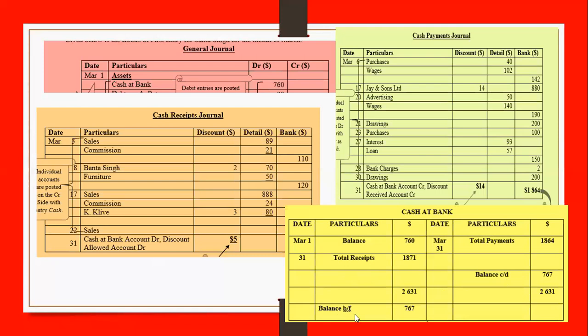The side with the greater total, balance brought forward. The side with the lesser total, balance carried down. Now, how did I get this 767? 2631 minus 1864. Press that in your calculator.